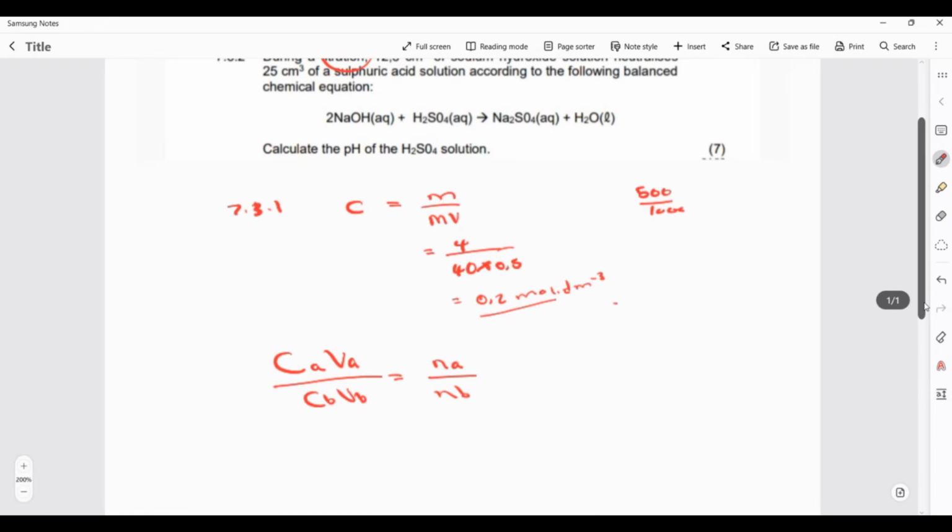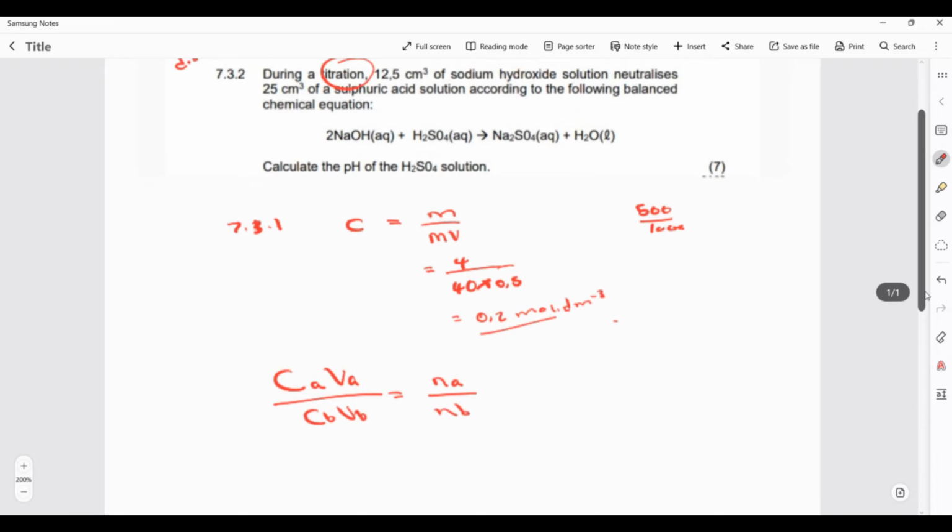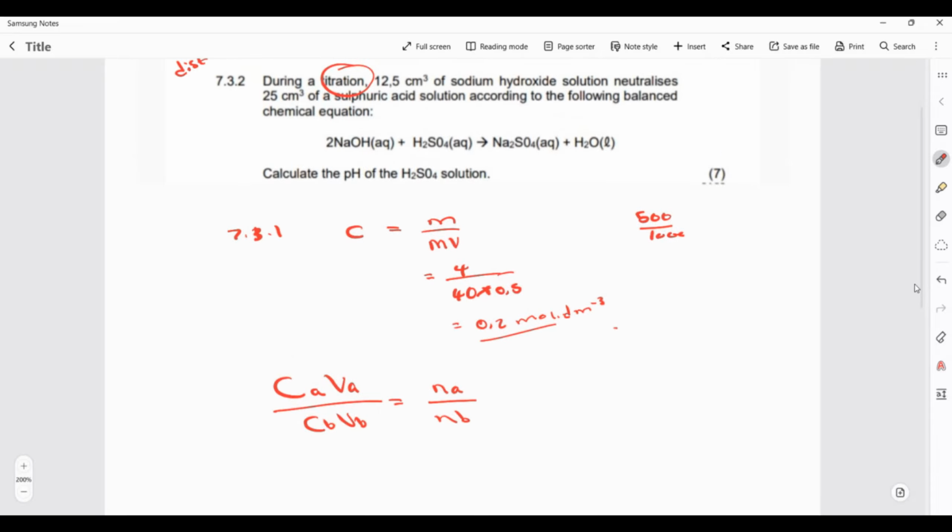Now, having done that, this one makes your life simple, because the only thing that you need now is the concentration of your acid. Okay, because you already have the volume, 25 cubic centimeter of sulfuric acid over there, and the equation is balanced, so you have everything.